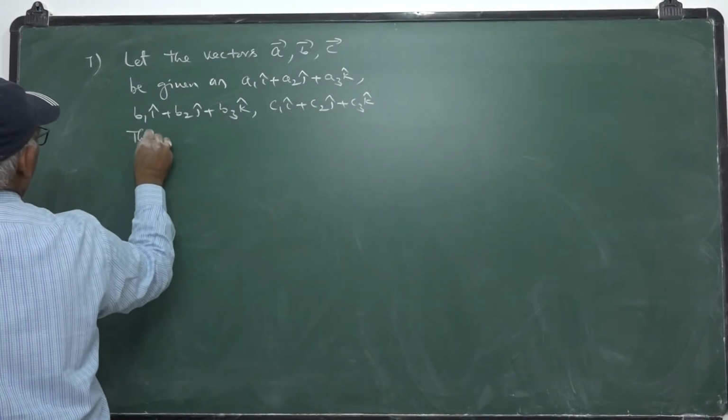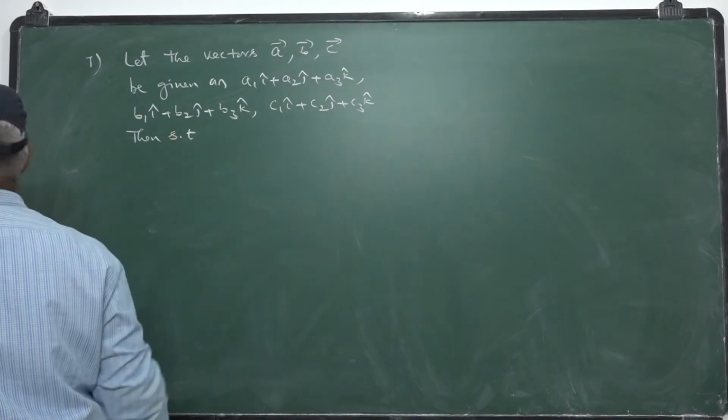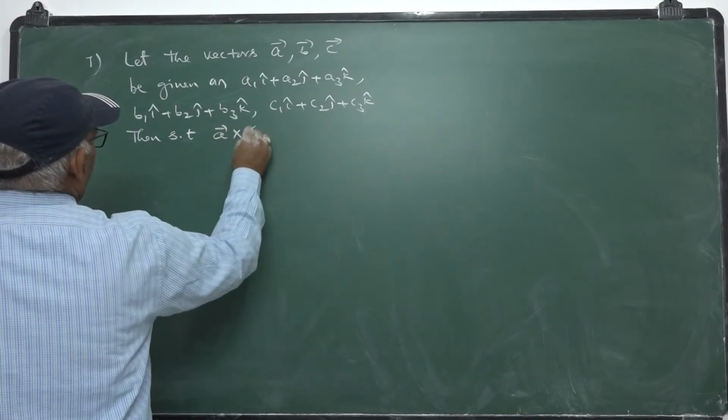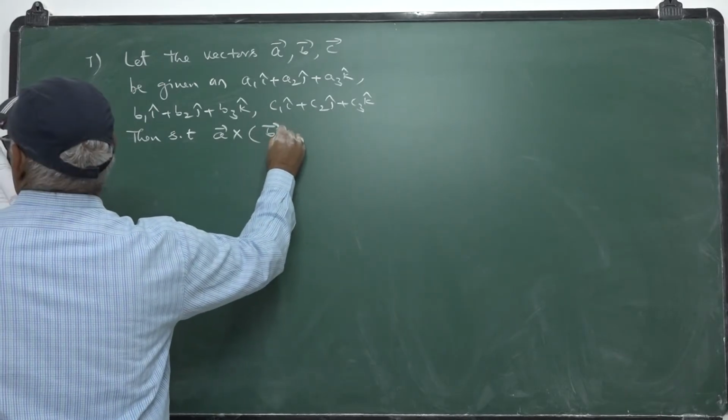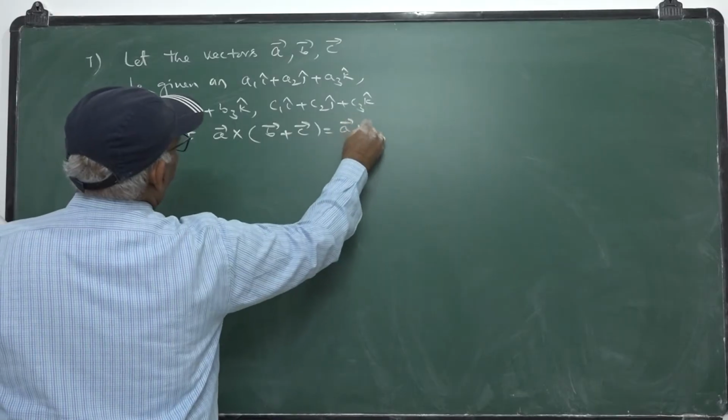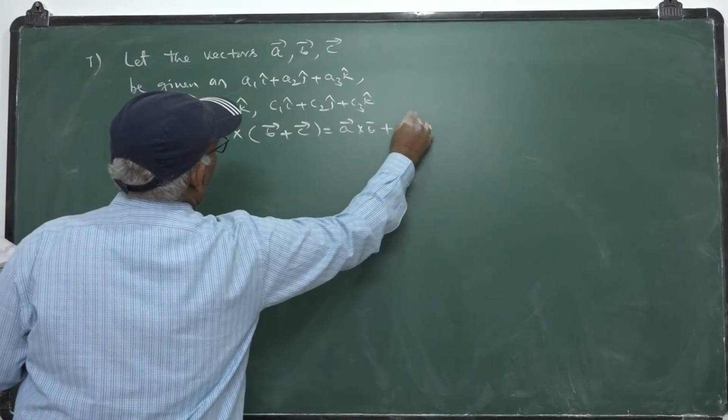Then show that A bar cross (B bar plus C bar) is A bar cross B bar plus A bar cross C bar.